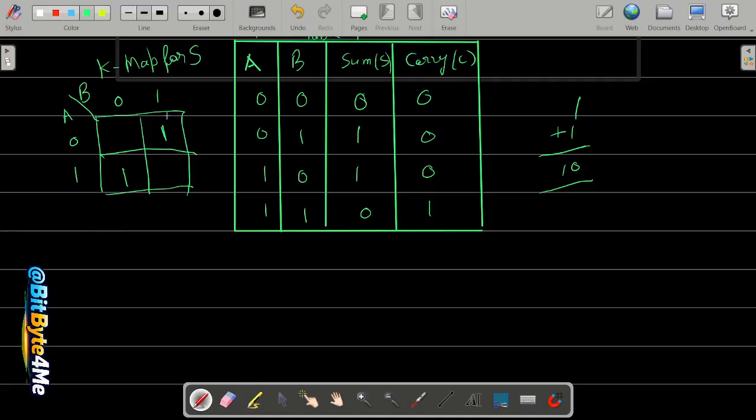So they can't be paired. They are at locations which cannot be paired, so mark it as singular, mark it as single.